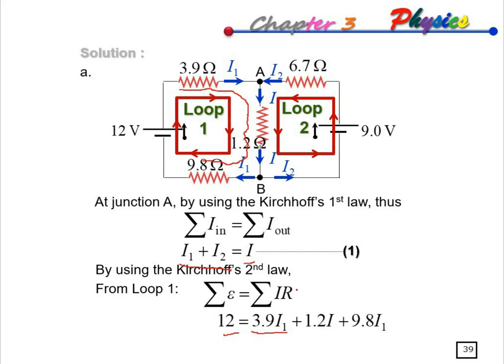So here we have the first equation for loop number 1. Rearranging the equation, we get 13.7 I1 plus 1.2 I equals 12.